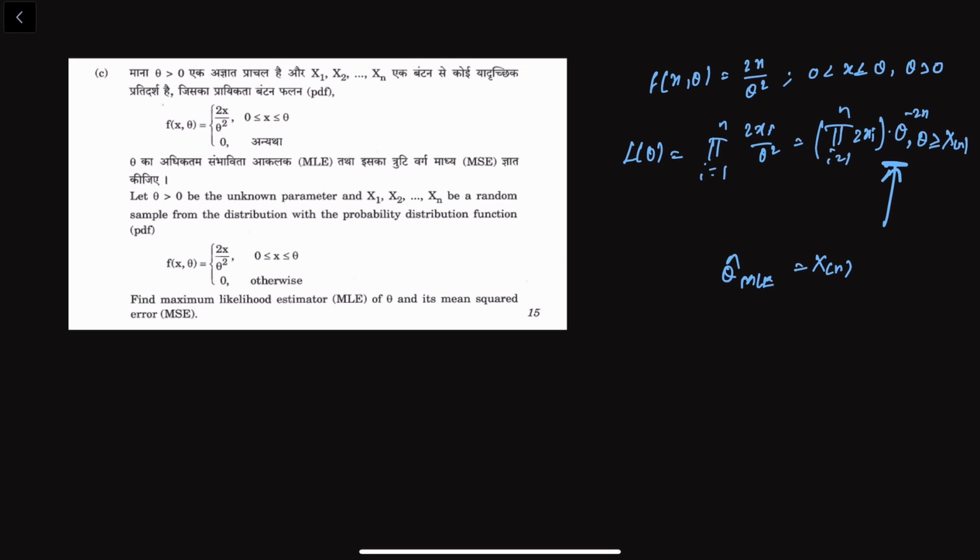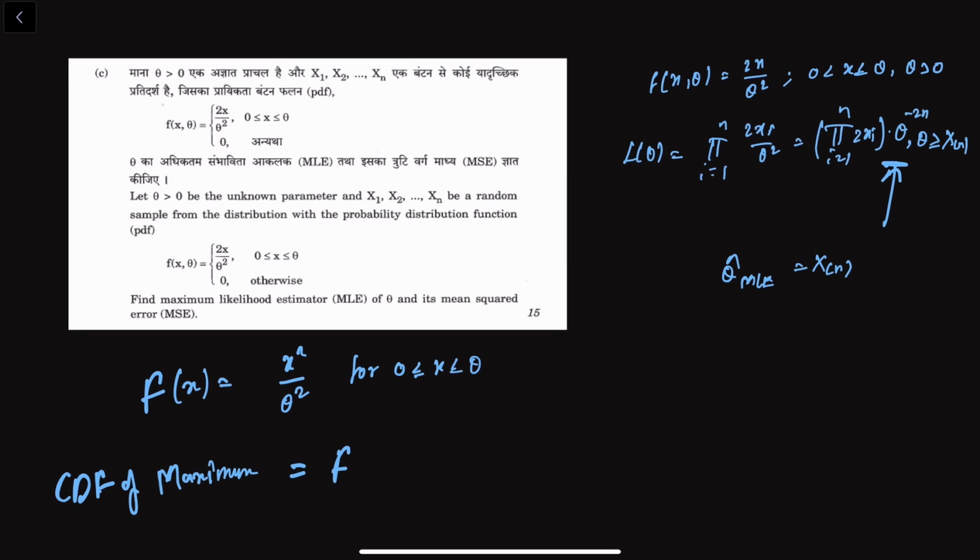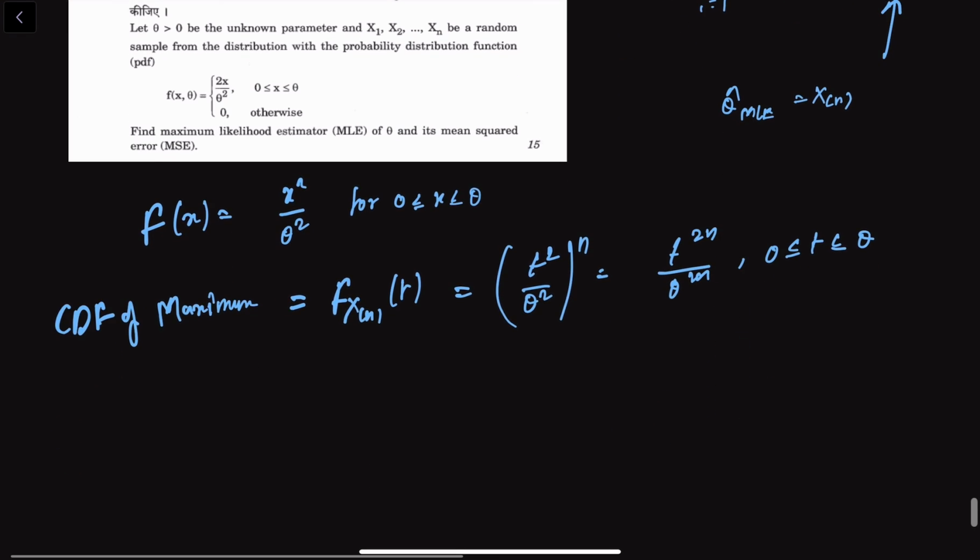So the CDF of a single observation here, F(x), would be x square by theta square for 0 less than or equal to x less than or equal to theta. So the CDF of the maximum order statistic, F of Xn at t, means everything should be less than t. So it will just be t square by theta square whole to the power of n, which is t to the power 2n by theta to the power 2n, where 0 less than or equal to t less than or equal to theta.